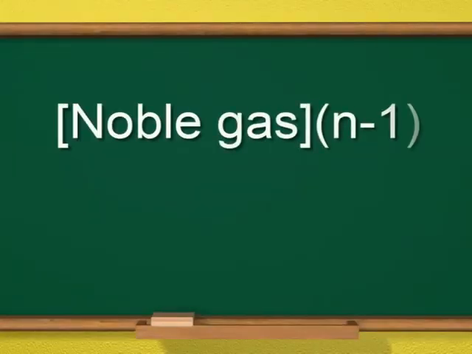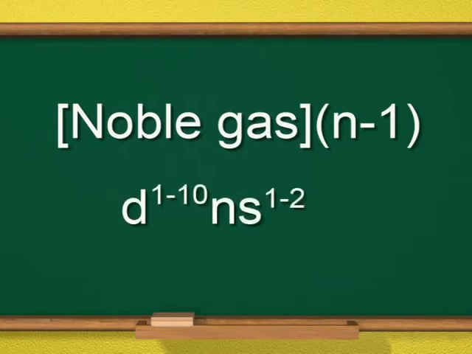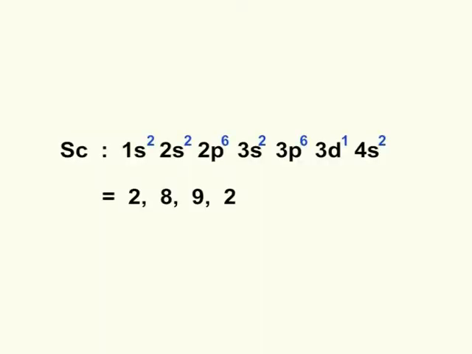Thus, the general electronic configuration of d block elements is written as the noble gas configuration into (n-1)d1 to 10, ns1 to 2. Now let's see the electronic configuration of scandium: 1s2, 2s2, 2p6, 3s2, 3p6, 3d1, 4s2.